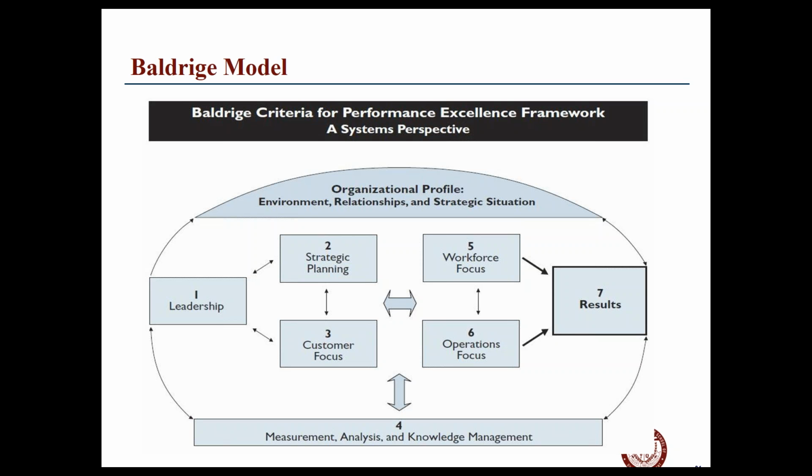You can put an organization into this breakdown, like breaking it down into its various subsets and systems. The idea is that leadership, strategic planning, customer, workforce, and operations is really about processes, about improving processes. All of these should develop and deliver results. In other words, you capture results.